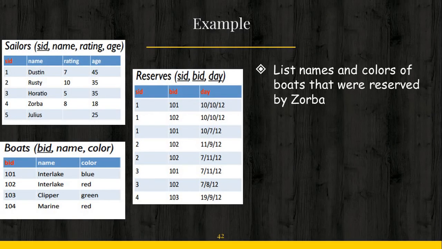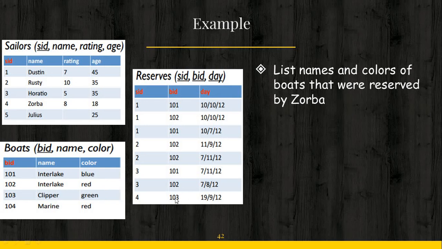Another example: list names and colors of boats that were reserved by Jorba. So Jorba is ID 4, but we don't know from the sailors table what color of boats he actually reserved, and what is the name of that boat. So 4 is Jorba, and he reserved boat ID 103.